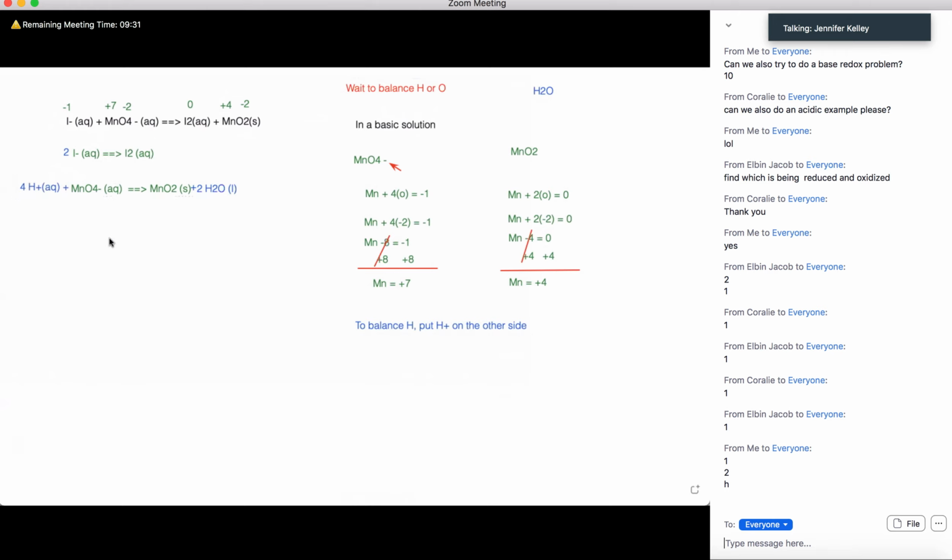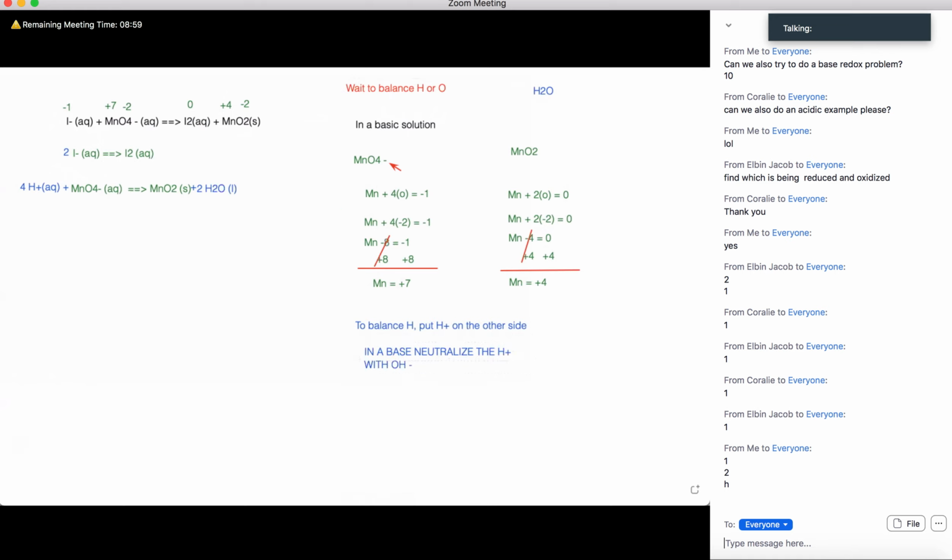All right. So now this is all you do if you're doing an acid reaction. At this point, you'd be done, and then you would add the electrons and everything else just like the normal ones. But this is in a base. Since it's in a base, we want to neutralize the H plus with OH minus.